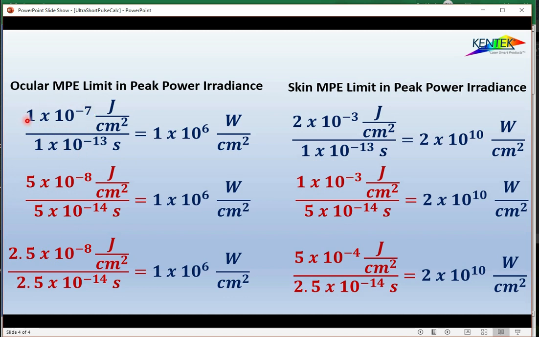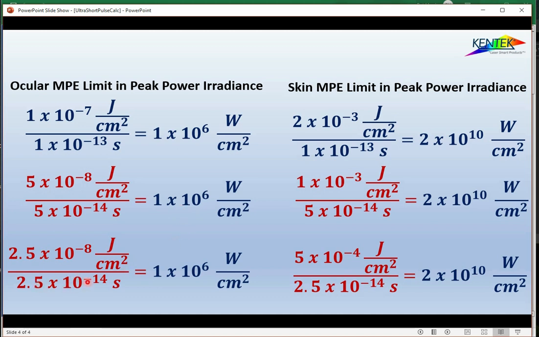Take this MPE, multiply it by half, that gives us 5 times 10 to the minus 8th joules per square centimeter. And of course, when we divide that by the exposure duration, we wind up with the same peak power irradiance as 100 femtoseconds, and that means by halving the MPE, we've limited the MPE to the MPE limit for 100 femtoseconds.